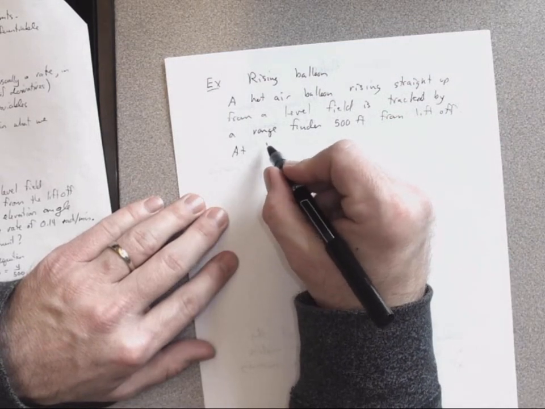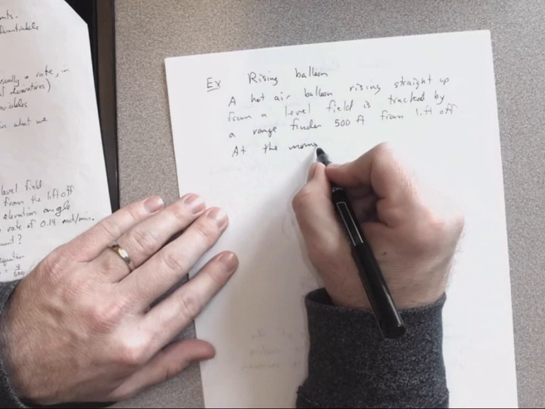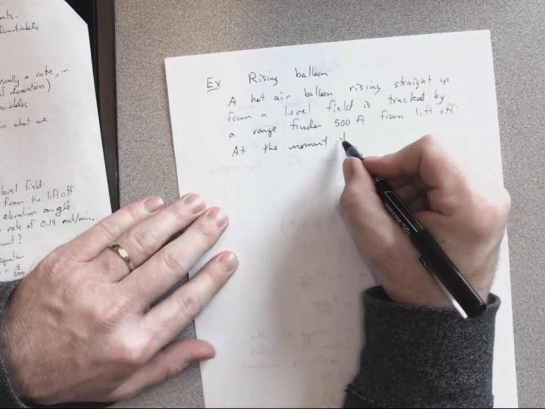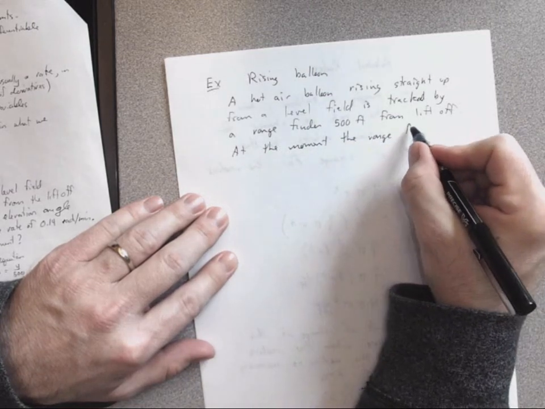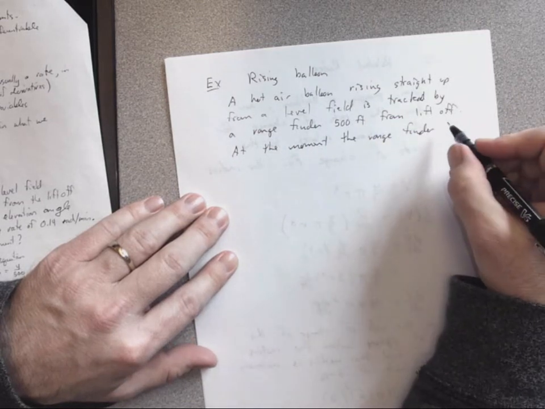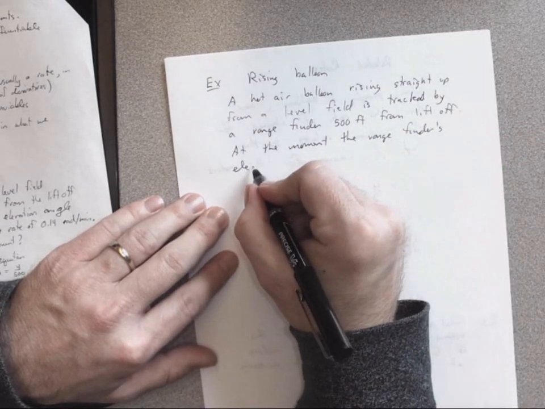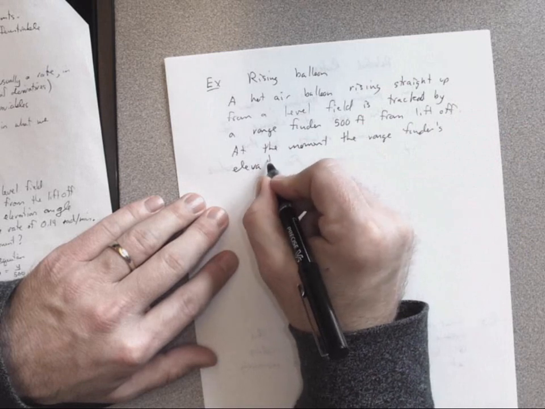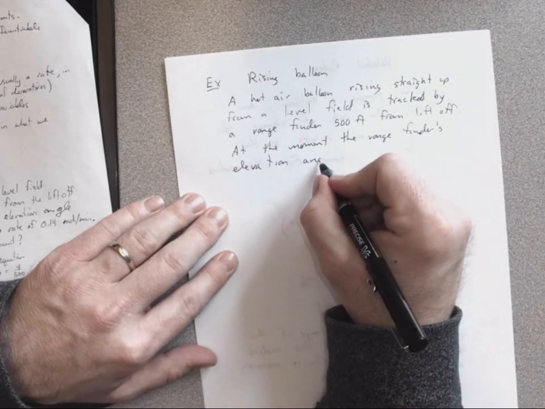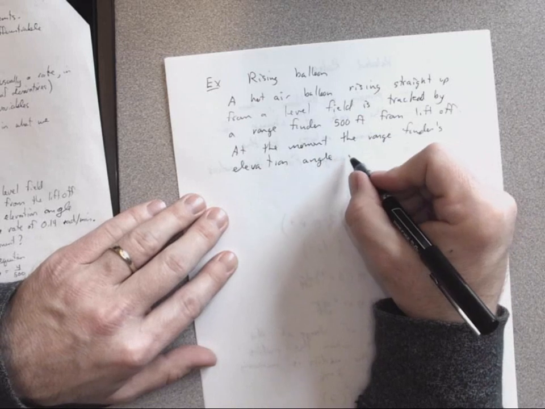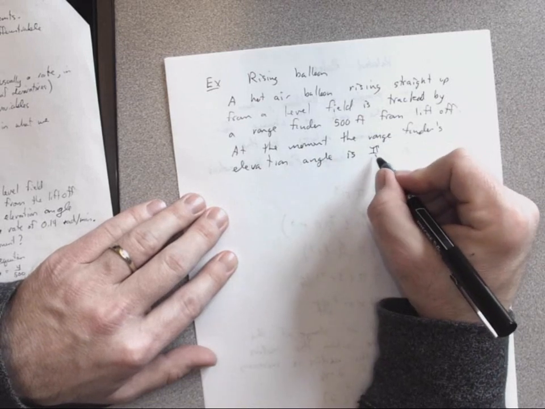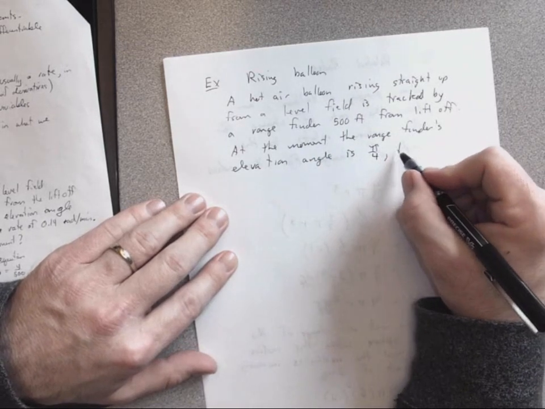At the moment, the rangefinder elevation angle is pi over 4, so 45 degrees.